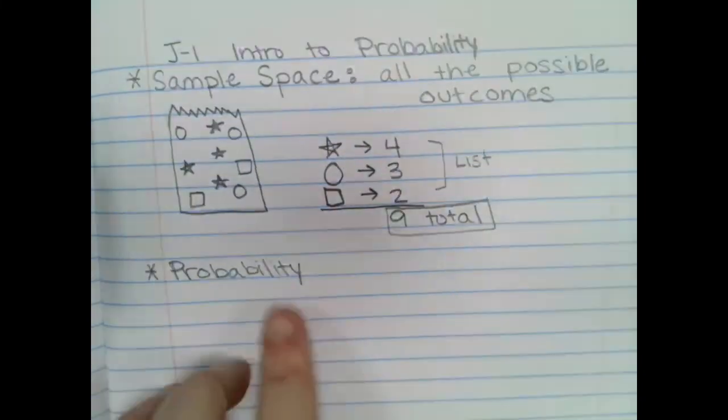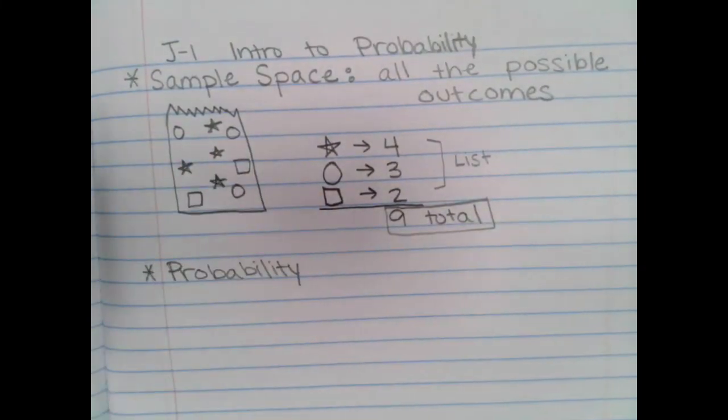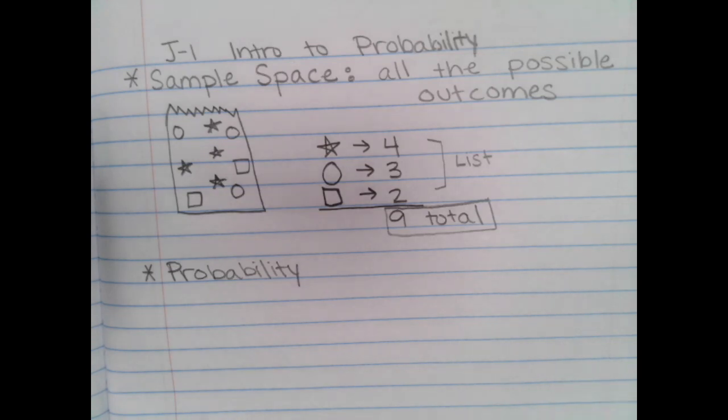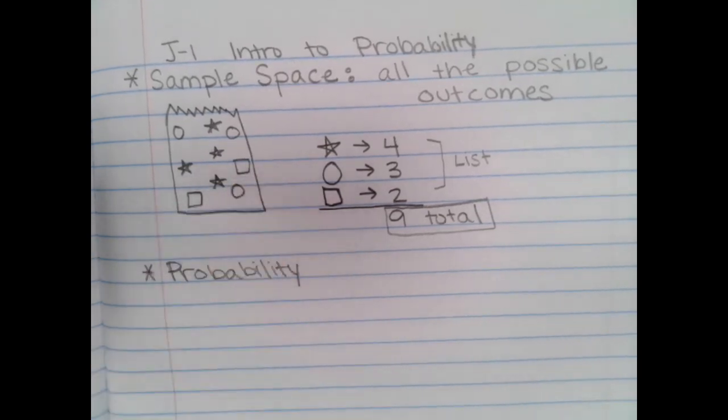Like when I reach into this bag, what would I probably grab? Probably a star. Why? Because there's probably 4 in there. Because there's more stars than everything else. What won't I probably get? You probably won't get one. Good. Probably won't get one of those boxes or cubes. Good, so probability tells us how likely something is to happen.